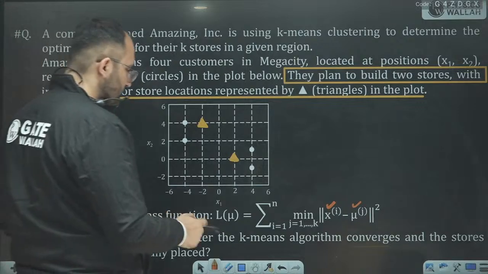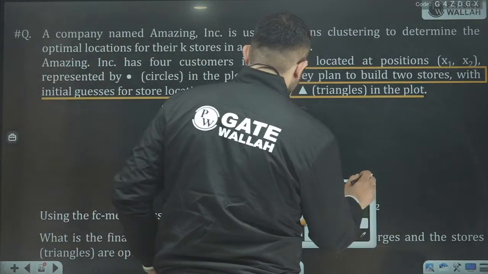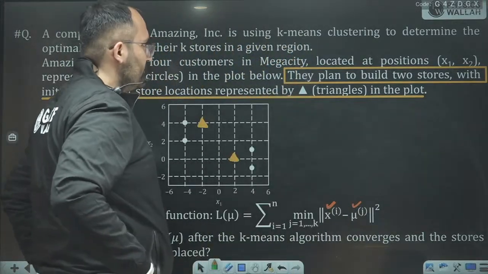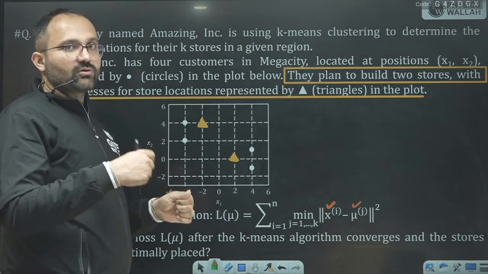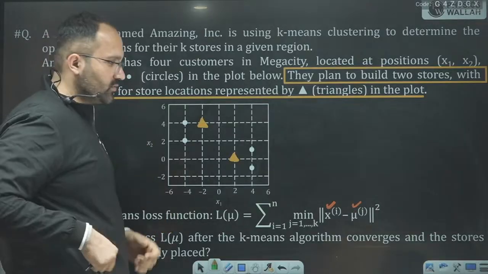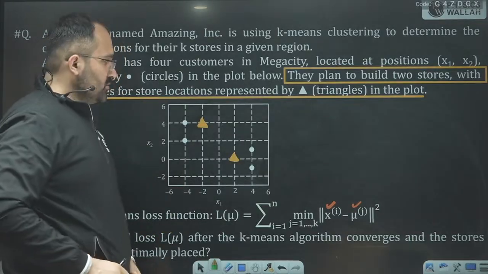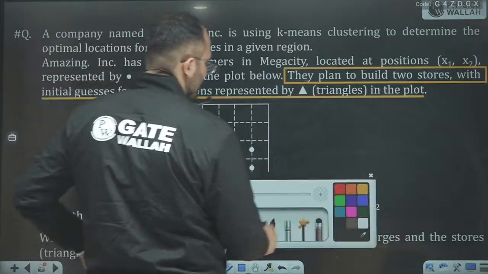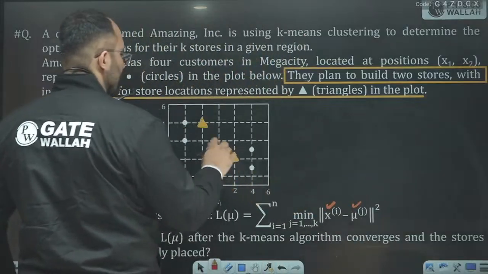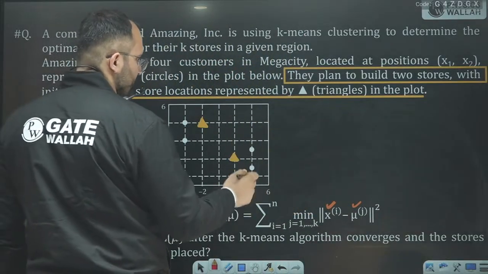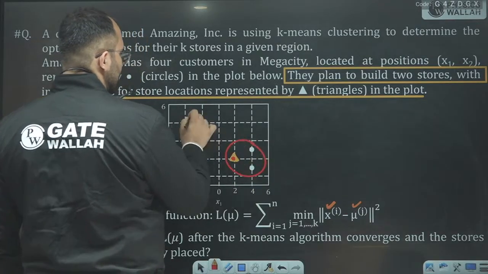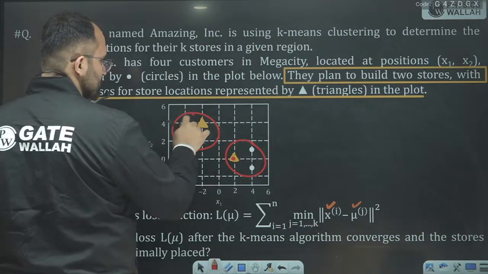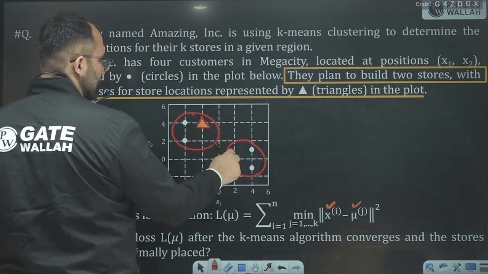Okay, so let's try to solve this question, दोस्तों. We have to find the 2 clusters here, and the mean location will be the location of the store. If we start doing the k-means clustering, this center will become a cluster, and this will become a cluster like this, because the starting cluster points are this and this.